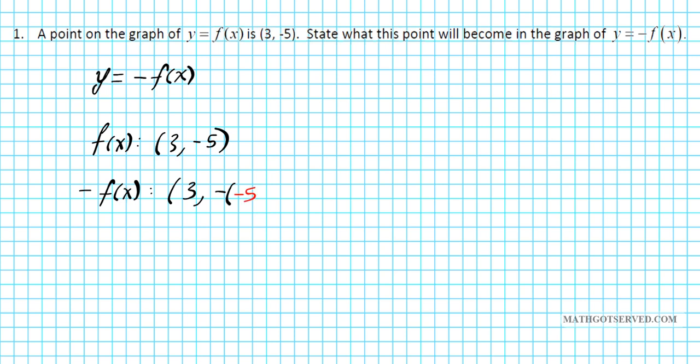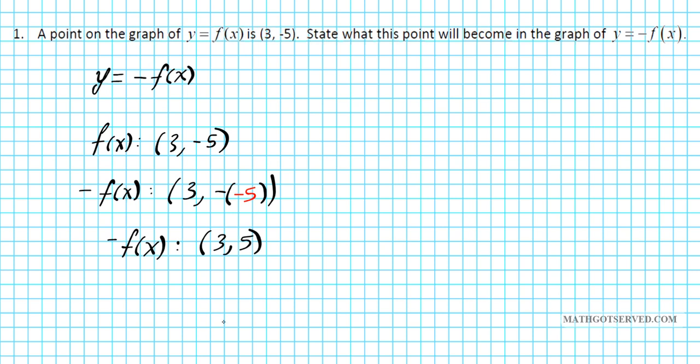If you simplify that, negative f of x is going to have the point (3, 5). So this negative f of x just simply switches the sign of the y-coordinates.